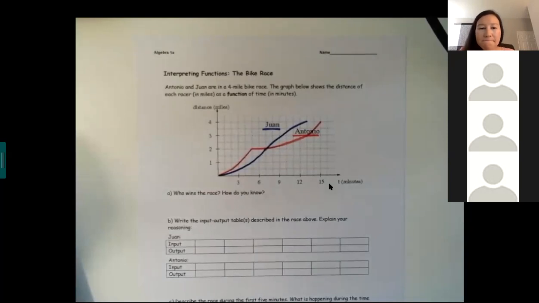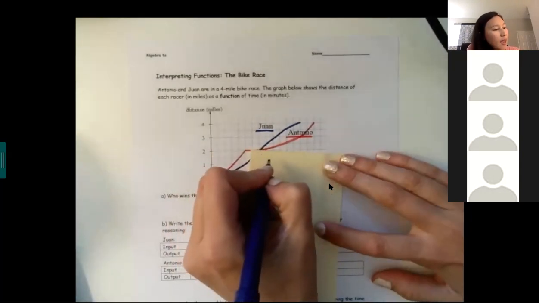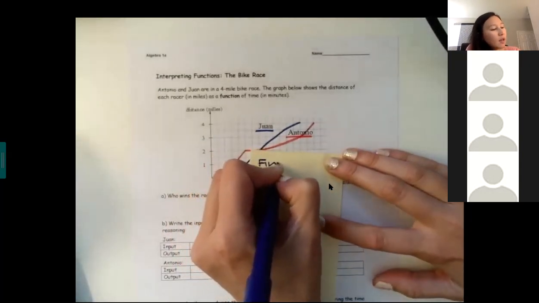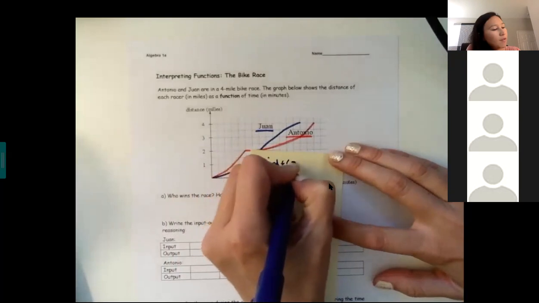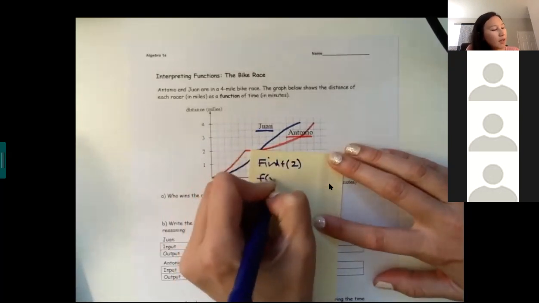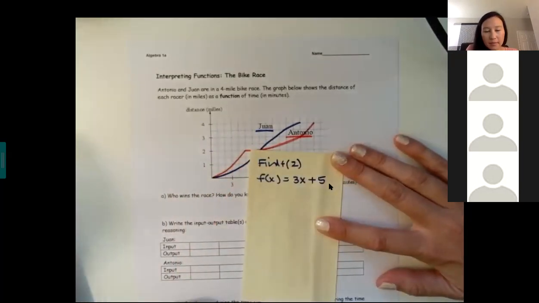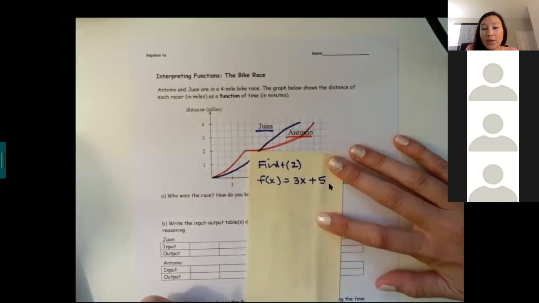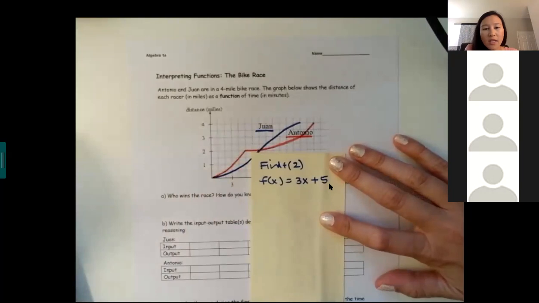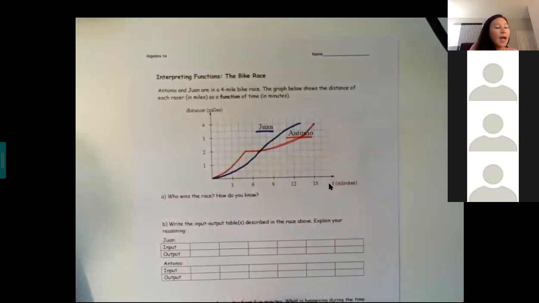Function notation was like, it would say find f of 2, and then it would say f of x equals 3x plus 5. Yes, I have that one. And you did it and you understand it and everything? Yes, I got help with another teacher with that one. Okay, perfect. Then you're all set for functions. Just make sure all of those assignments are uploaded, and then you're good to go. Okay, thank you. Okay, thanks, Dakota.